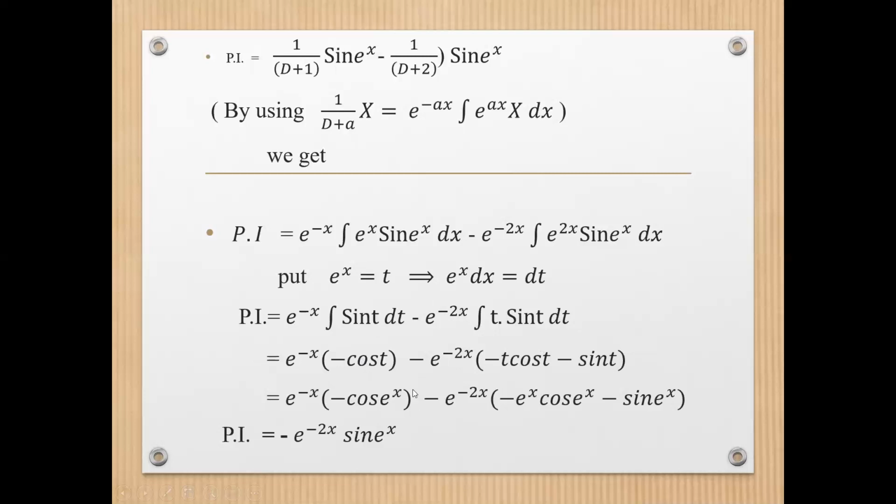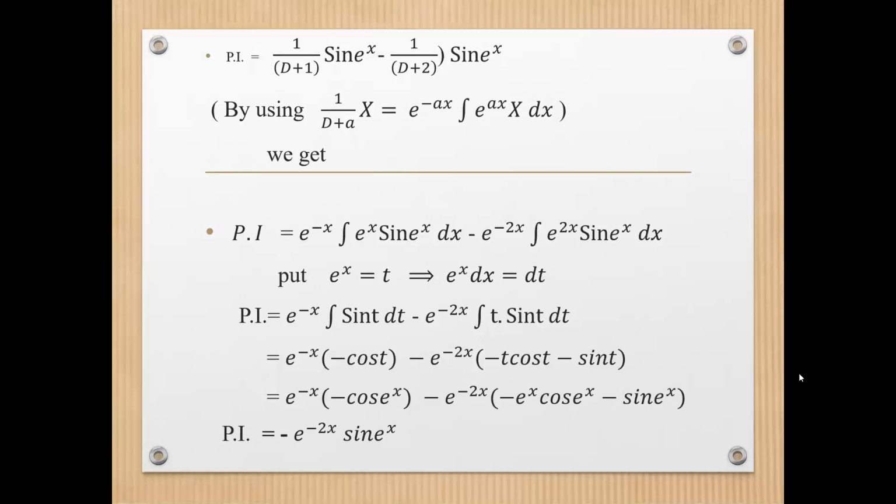What do we get? e raised to minus x into bracket minus cos e raised to x, minus e raised to minus 2x into bracket minus e raised to x cos e raised to x plus sin e raised to x. Okay, and now multiply and add-subtract, we finally get the particular integral for this differential equation as minus e raised to minus 2x sin e raised to x.